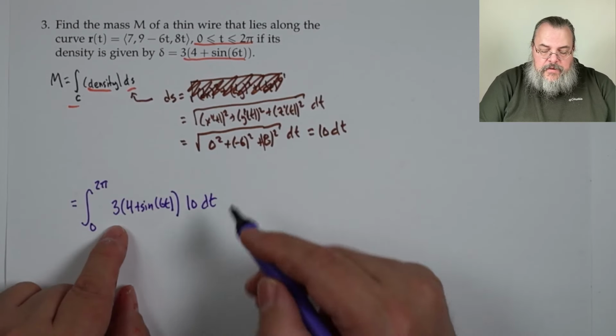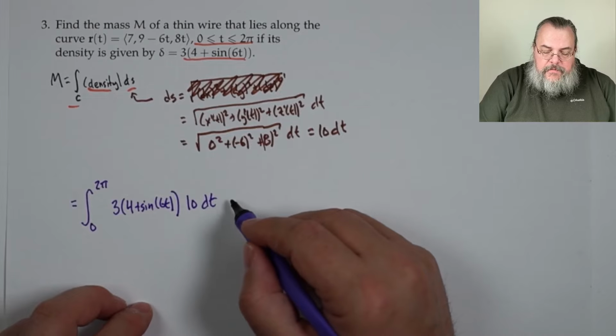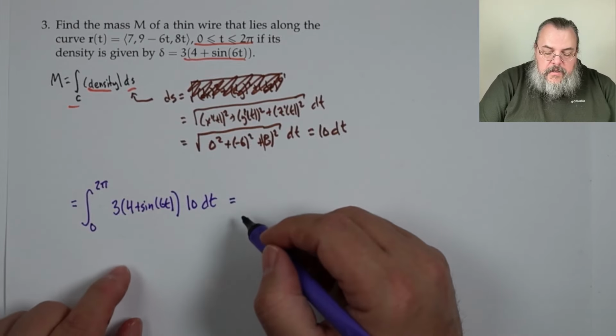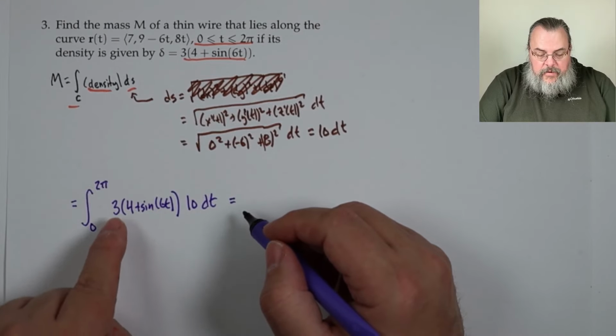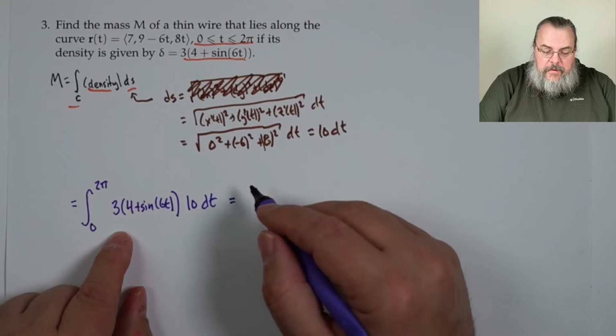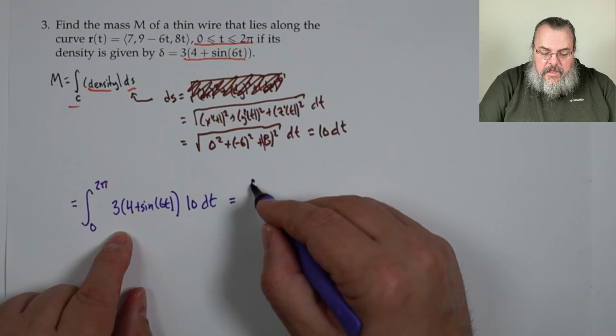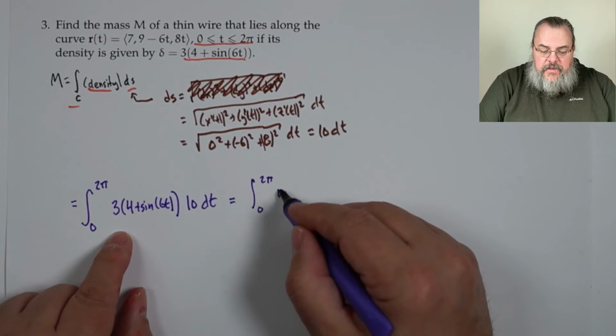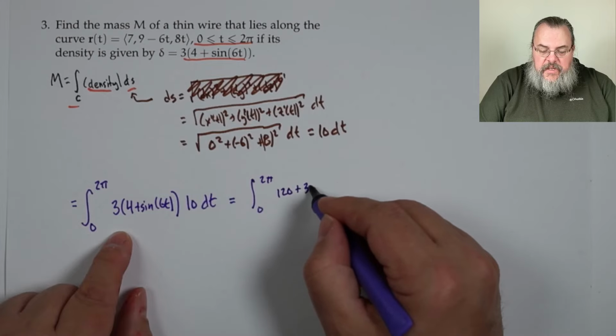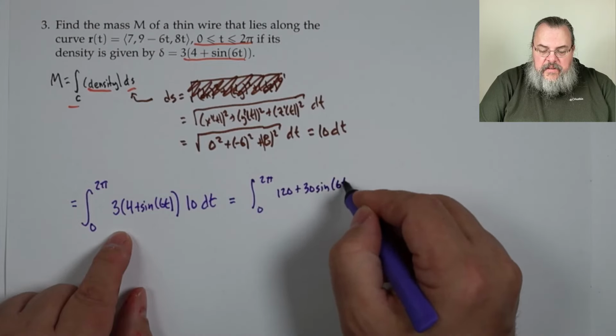Well, okay, we can certainly pull the 30 out in front if we wanted to, or not. Okay, let's see, what can we do? Well, let's take 3 and 4 and 10. I'm going to just distribute this through. That would be 120 plus 30 sine 6t.